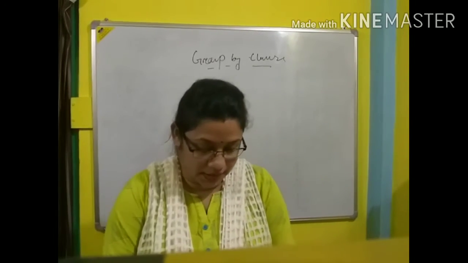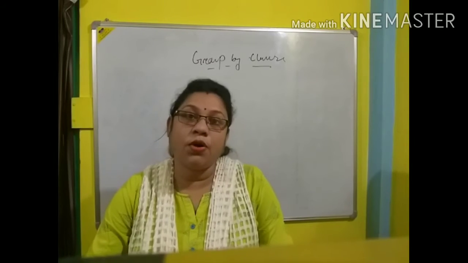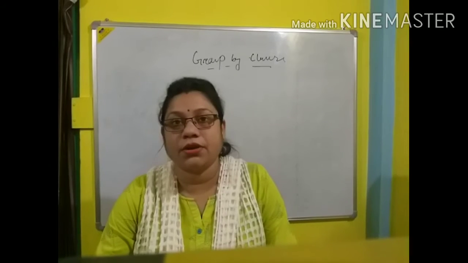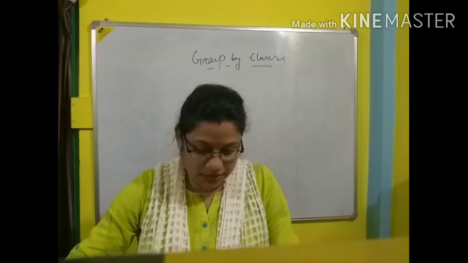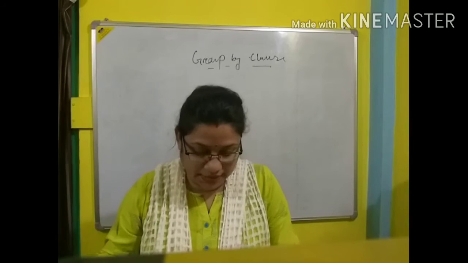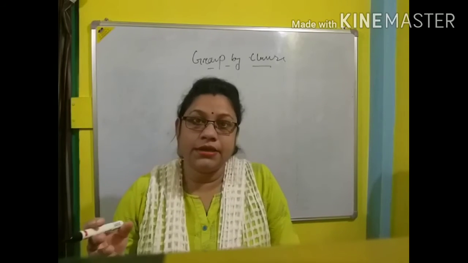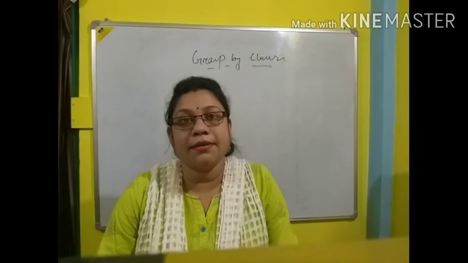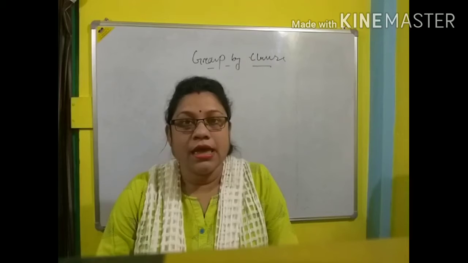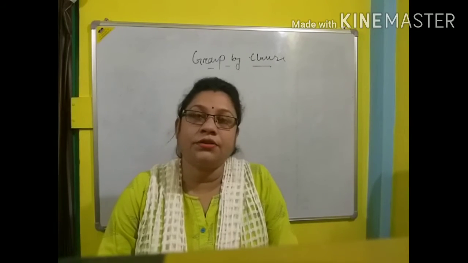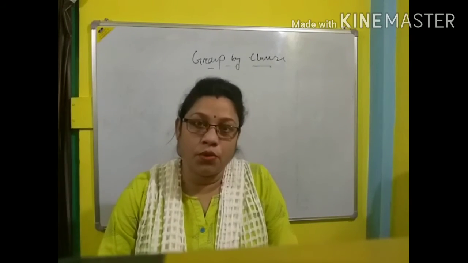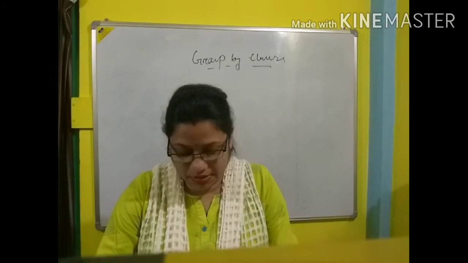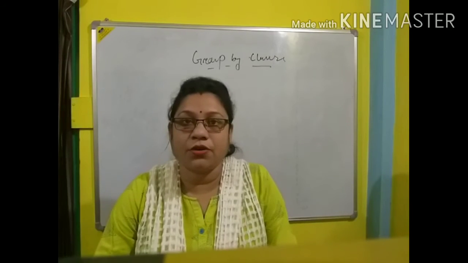The group by clause is used to group rows based on the distinct value of the specified column. That means this group by clause is used on a group of rows. As you know, in a table there are many rows, and the group by clause is going to act on this group of rows based on the distinct value of the specified column.